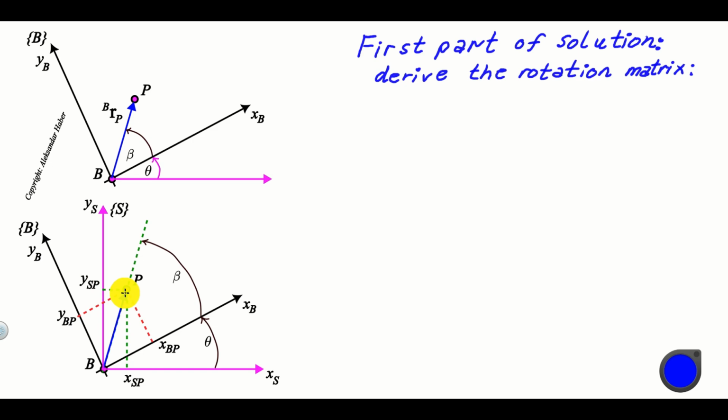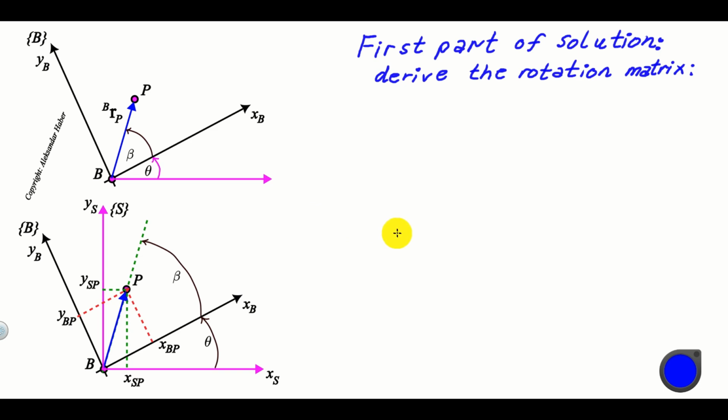Namely, here's our vector RPB, and the orthogonal projection of this vector onto the axis XS is obviously this distance over here, which is denoted by XSP. Similarly, the orthogonal projection of our vector onto the YS axis is this distance over here, denoted by YSP.